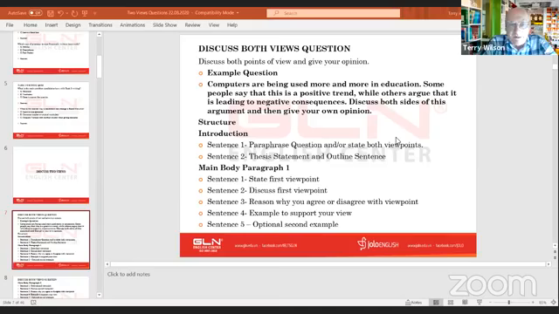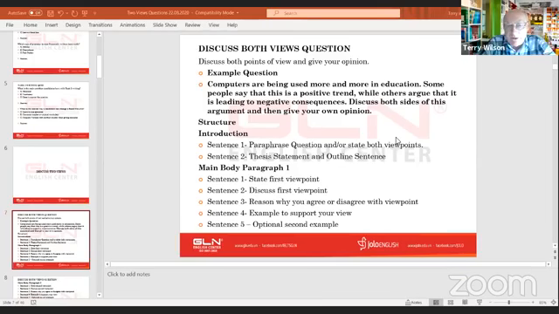So main body paragraph 1. So here we have a 5-sentence structure for the paragraph. So sentence 1, state the first viewpoint. So that's the first part of the question. And so in this case, computers are being used more and more in education.